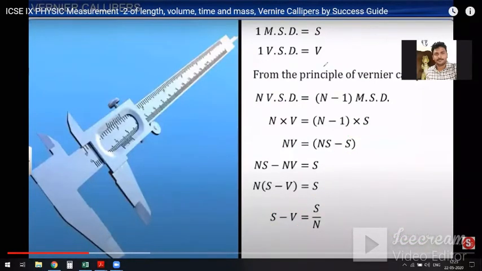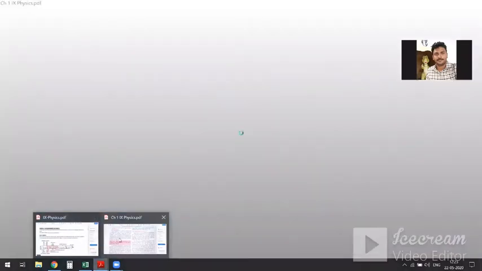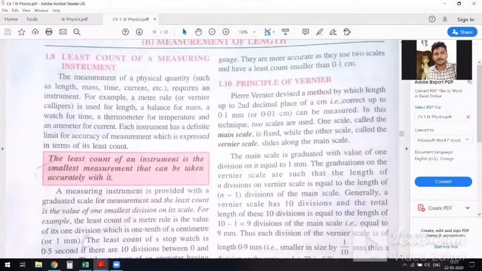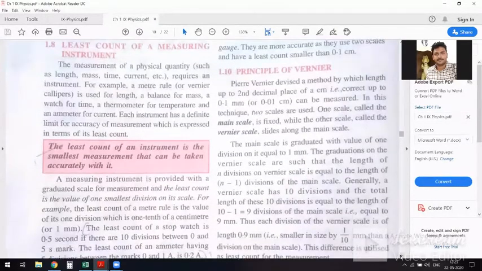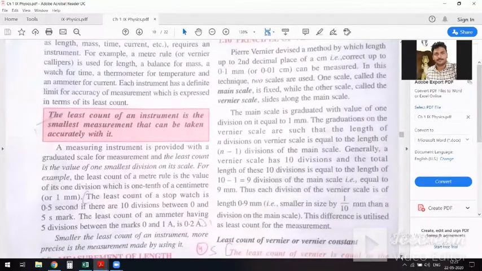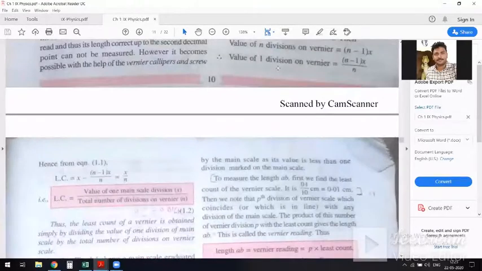So I want to show you another formula that is given in your textbook. Okay, and the formula is this. Least count equals x by n. Just learn this formula, x by n.